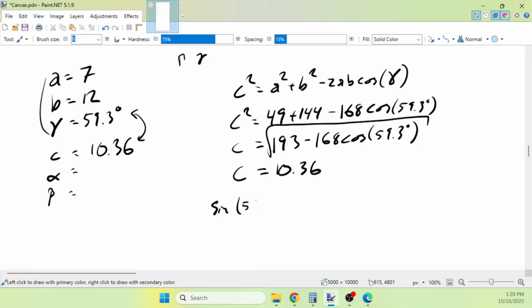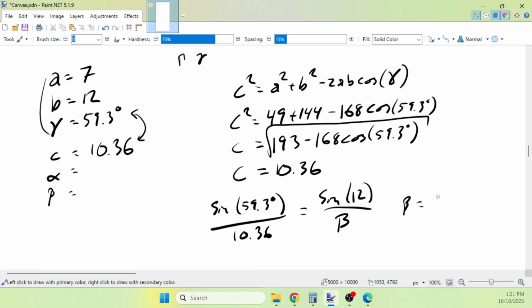Sine of 9.3 degrees over 6 equals sine of beta over 12. Beta equals, sine of beta over 12.